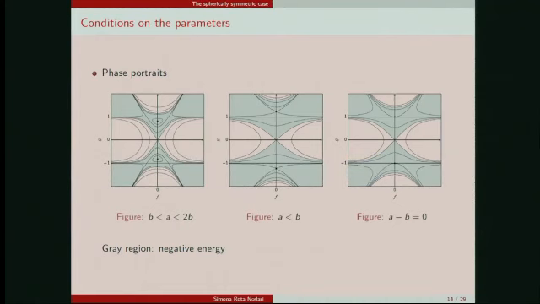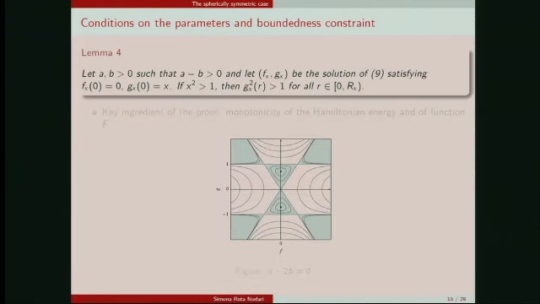And to conclude, it remains to exclude the case where A is equal to 2B. For this, we need this lemma, which asserts that if the absolute value of x is bigger than 1, then the absolute value of j(x) is bigger than 1 for all r bigger than 0. This lemma is proved by using the monotonicity of the Hamiltonian energy and of the function that I call f.